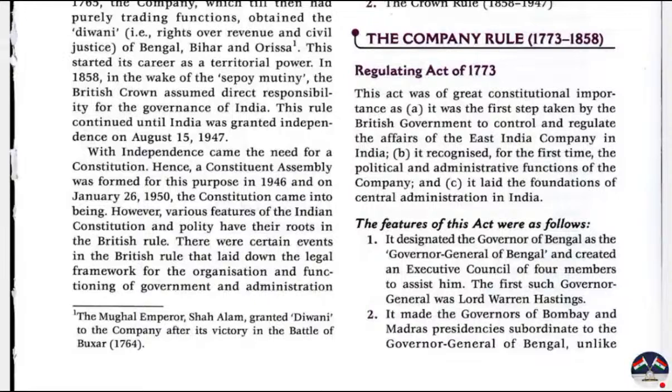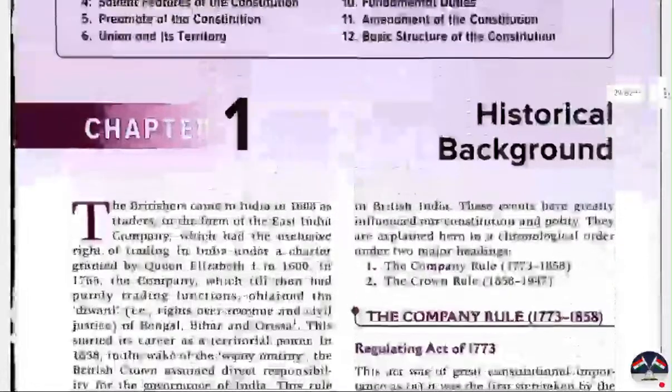However, various features of the Indian constitution and polity have their roots in the British rule. There were certain events in the British rule that laid down the legal framework for the organization and functioning of government and administration.